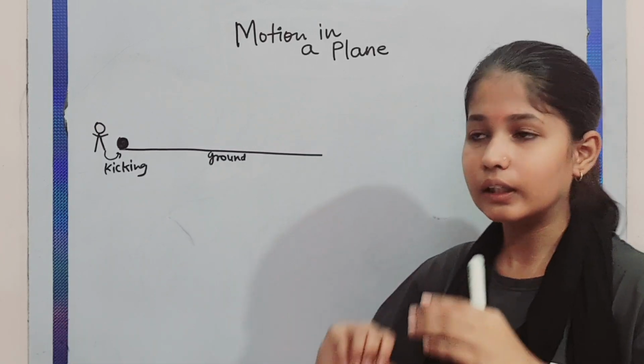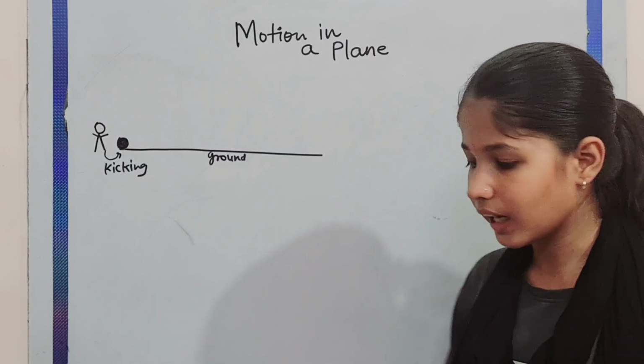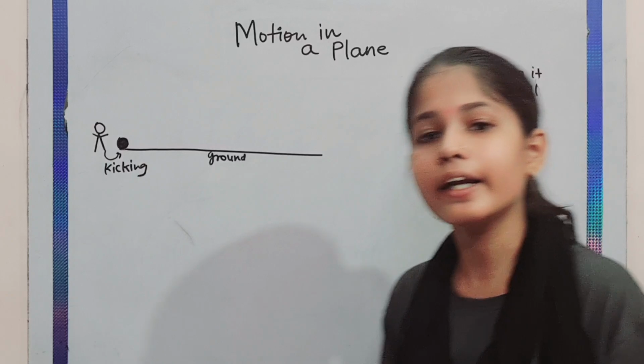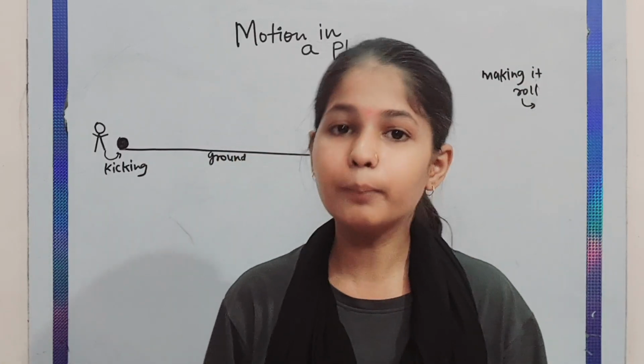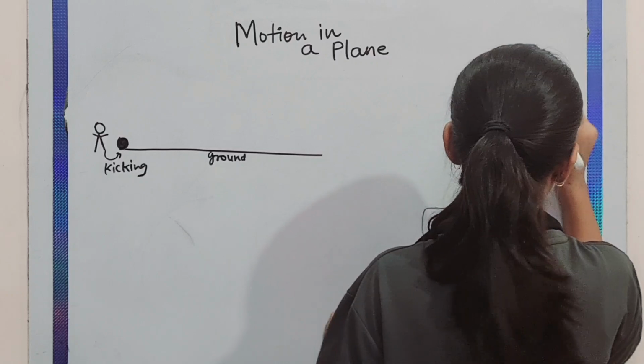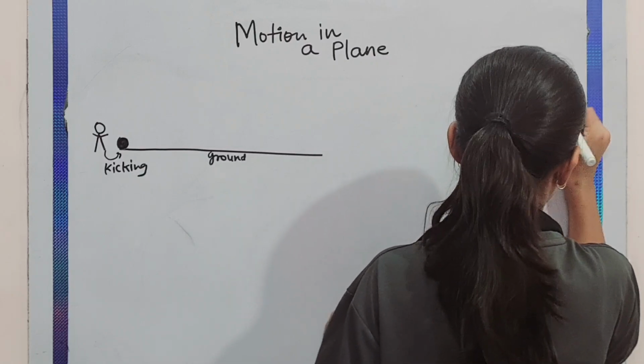You will not make any type of angle. You will just roll it, apply a force on it, and it will not go in the air but stay on the ground. So it rolls, it will not go in the air.